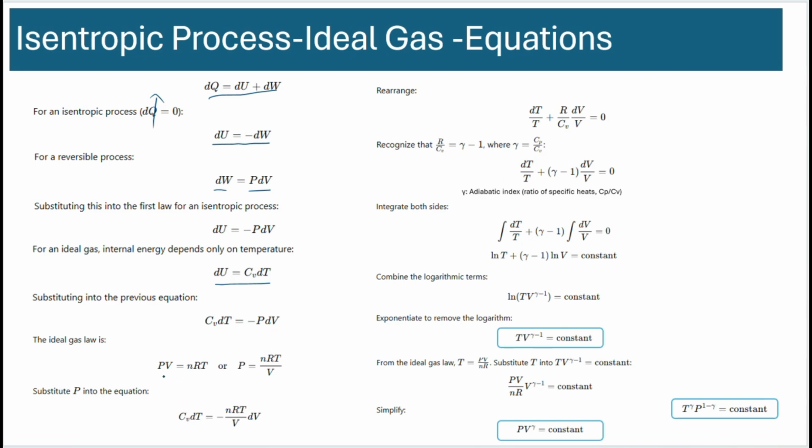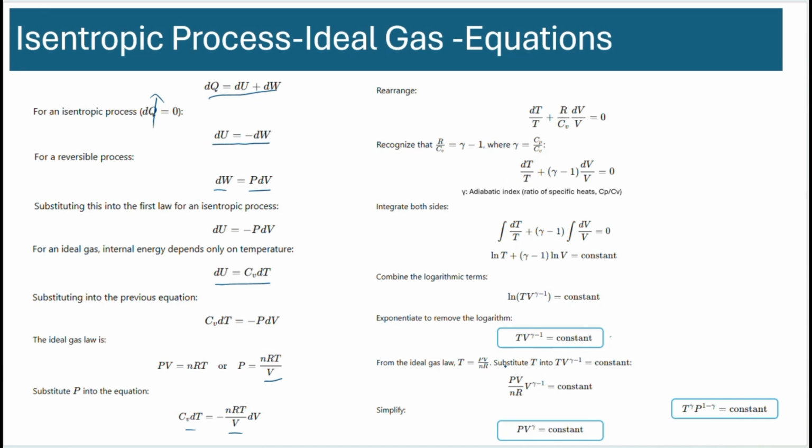Further, using the ideal gas law, you can rewrite the pressure in terms of temperature and volume. So you finally get equations on both sides with respect to temperature and volume. Rearranging that and substituting for Cv with gamma, which is the specific heat ratio, eventually you get the equation that TV to the power of gamma minus 1 is constant.